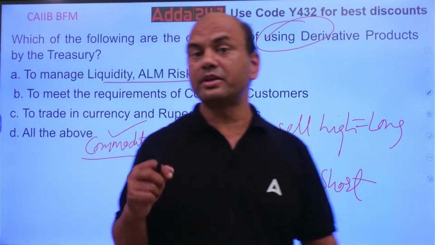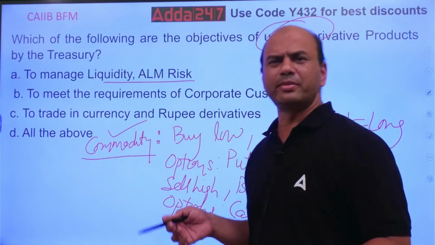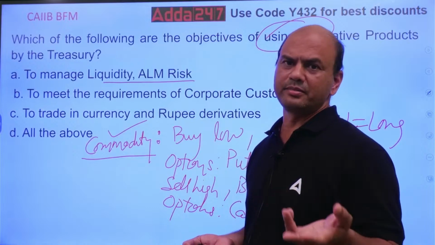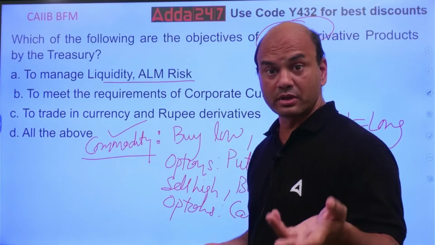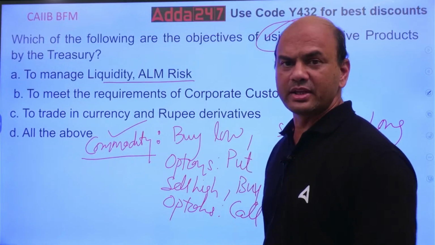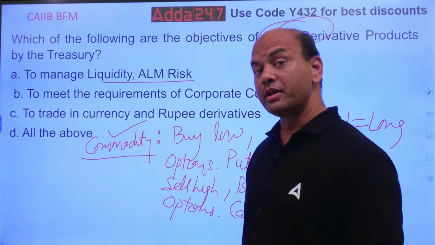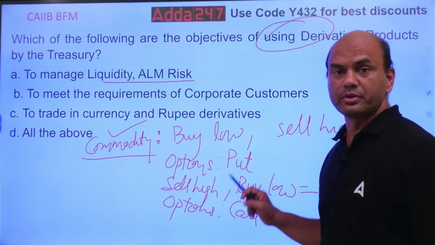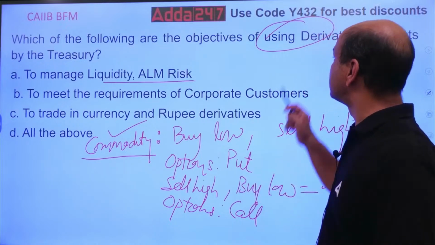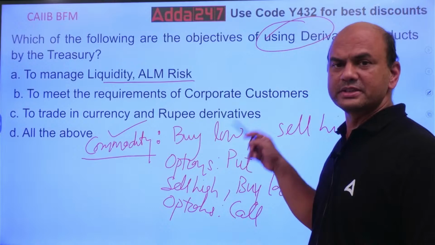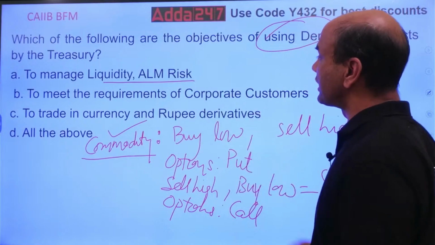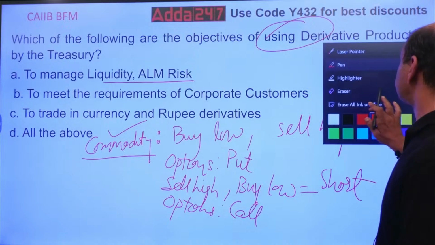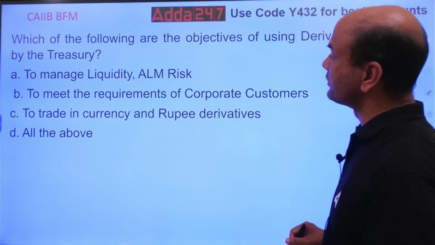Whatever you have bought, you might buy gold, shares, bonds, forex, dollar, anything. But if the price goes down, then the options will give you support. That's why this derivative option is used to meet the requirements of the corporate clients.